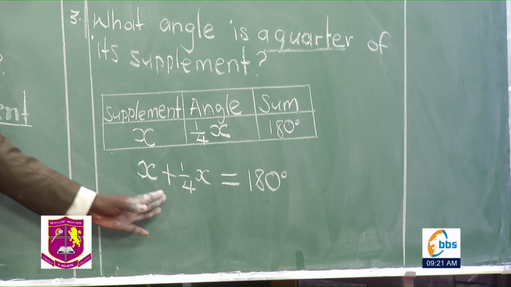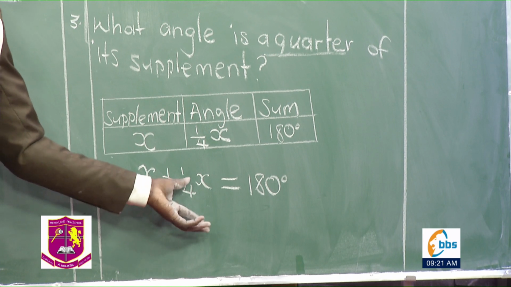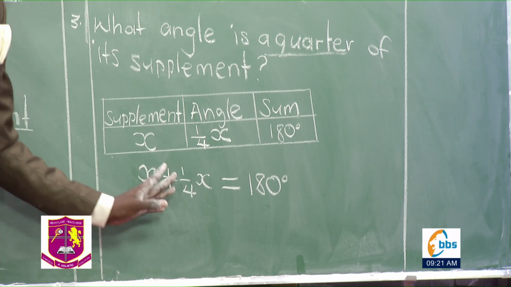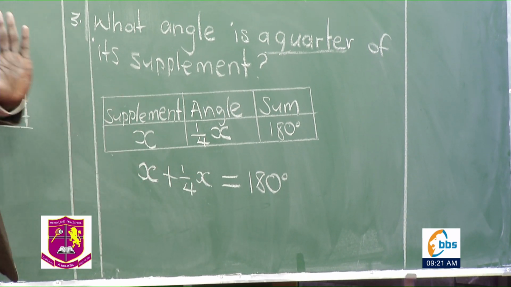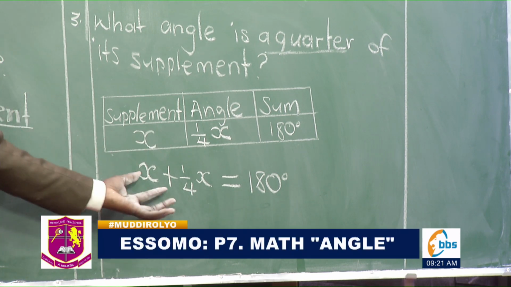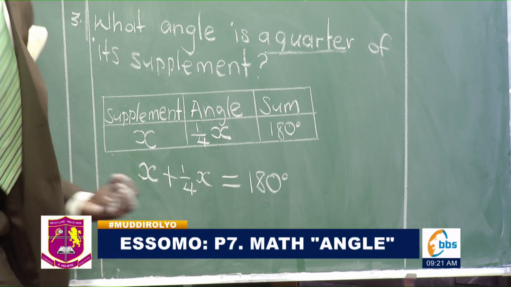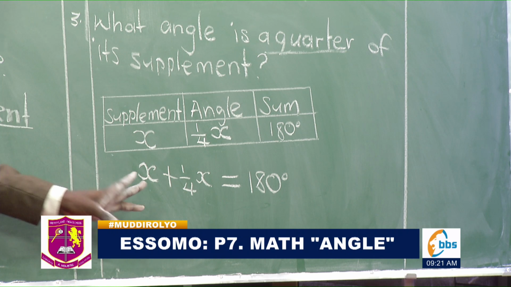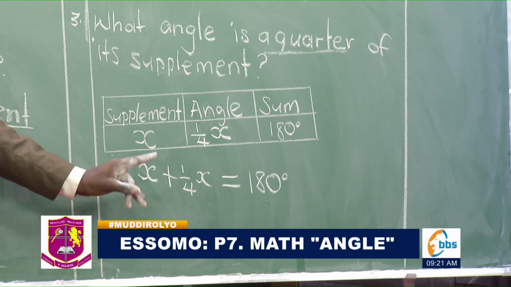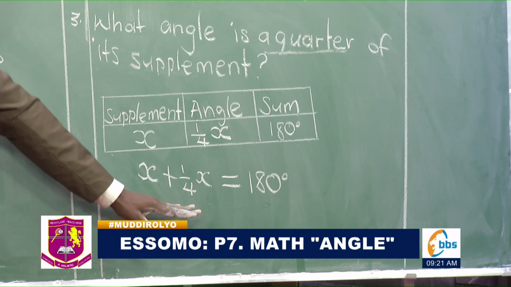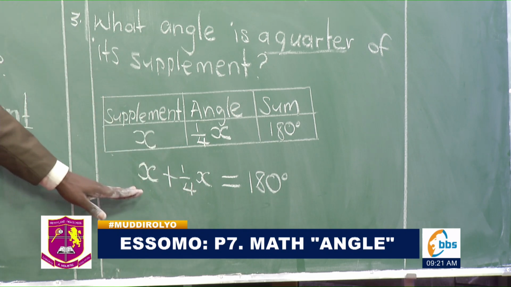So when we get the angle plus its supplement, we shall get 180 degrees. Or its supplement plus the angle, you must be in a position to get 180 degrees. At this moment, we need now to work out this equation.